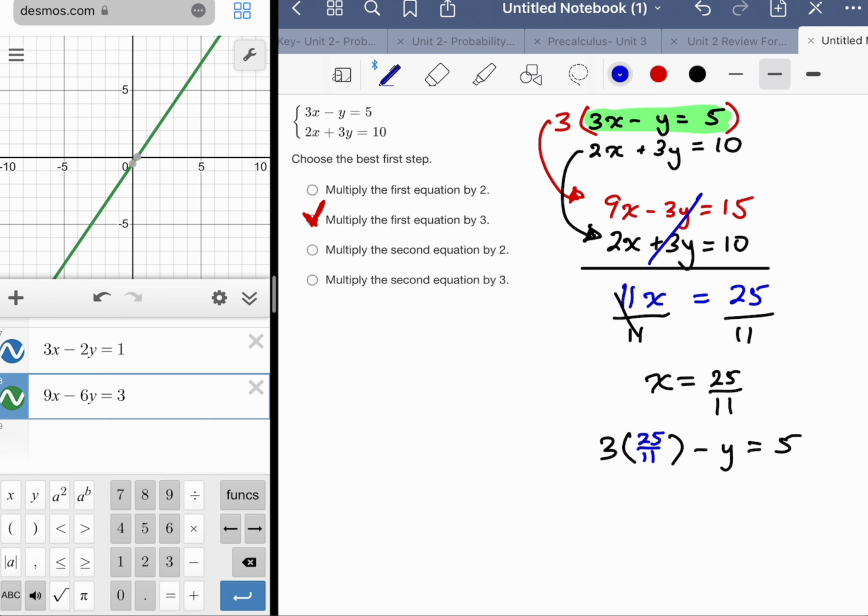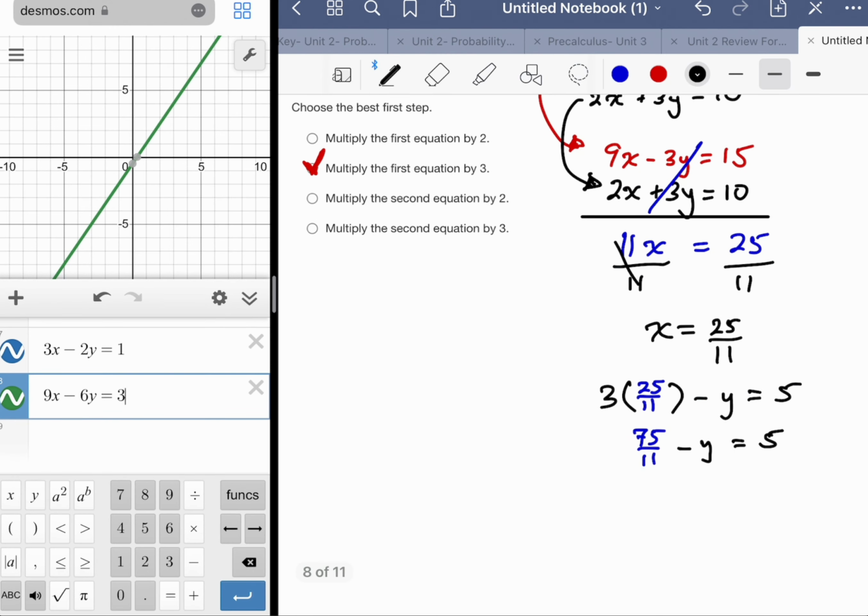Simplify and solve. You have a calculator, so it's not going to be too crazy, but 3 times 25 over 11 is 75 over 11, minus y is equal to 5. I would subtract 75 over 11.